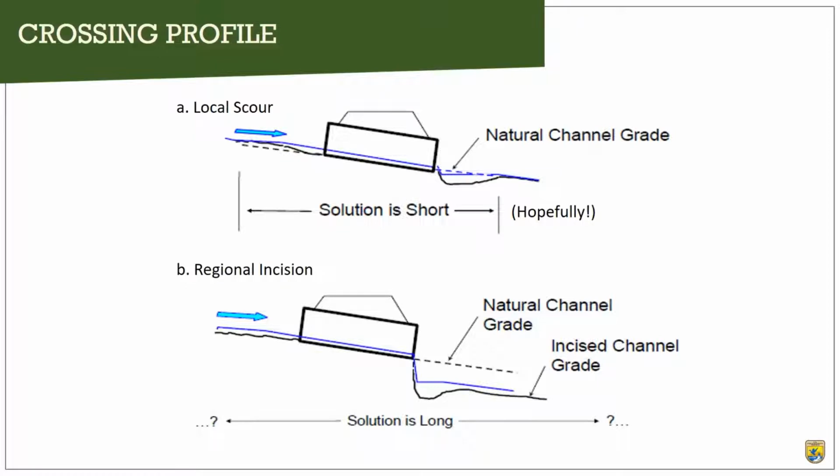If we have regional incision or local scour, our solutions are going to be different. So this green line shows the solution that we might have for local scour, and this green line shows the solution that we might have for regional incision. The U.S. Forest Service has a great series in their manual of different ways that you might handle regional incision, so I would really recommend checking that out.